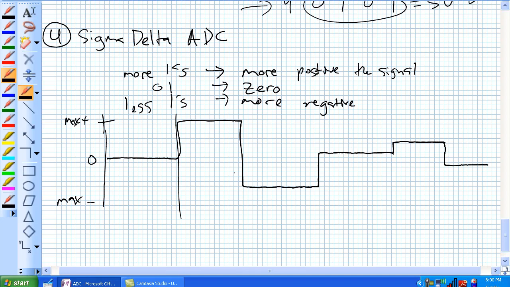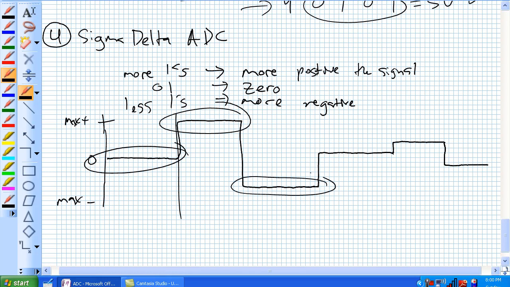In 1 second, if you send me 4,000 ones in 1 second, I know that I'm up here. If you send me 2,000 ones and 2,000 zeros, I know I'm right there. If I get 2,000 zeros, I'm right here. If I get a little bit more ones in that 1 second, like 3,000 ones, I'm somewhere in the middle between a 0 and a maximum. Okay? And how is this all done?